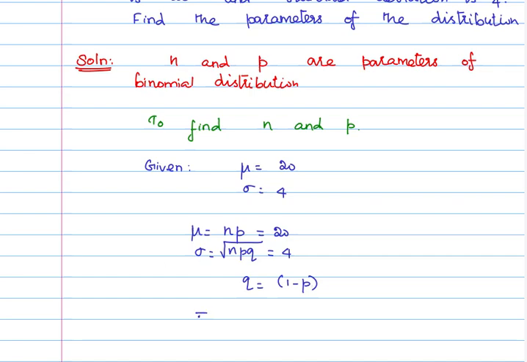So this implies np times (1 minus p) equal to 16. You know the np value from equation 1, so put it in equation 2, and you get 1 minus p equal to 16 divided by 20.